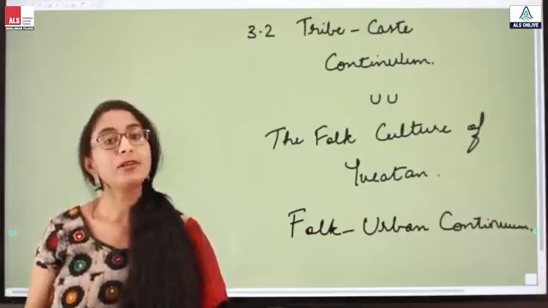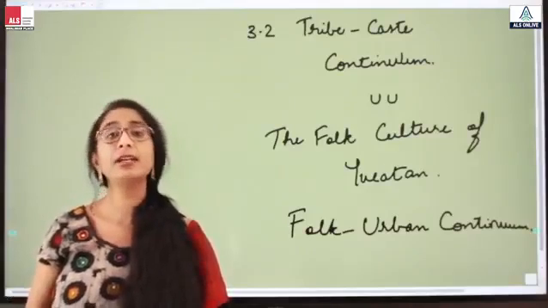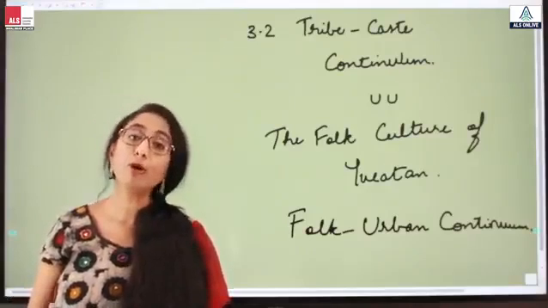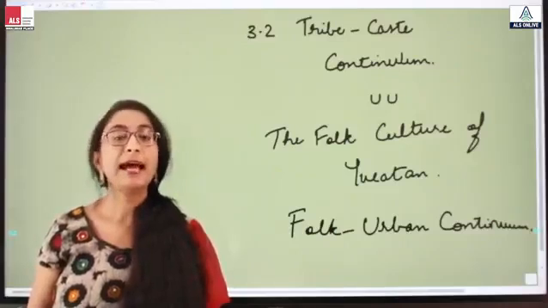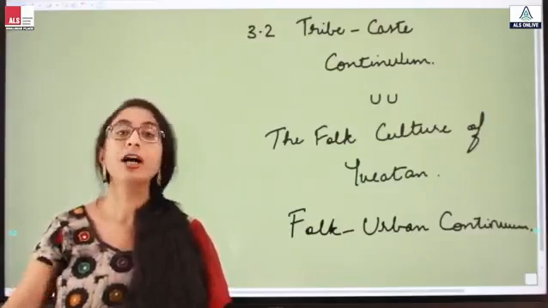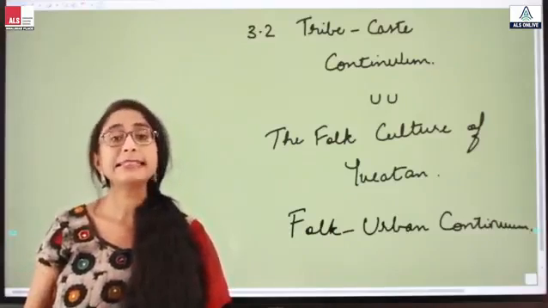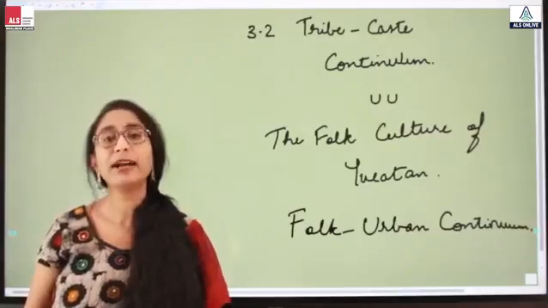Okay, so Robert Redfield, when he studied the Mexican communities, found it difficult to demarcate between the folk culture and the urban culture, and he gave us the concept of folk urban continuum in his book Folk Culture of Yucatan. Later, in India, the census commissioners also faced a similar kind of problem.